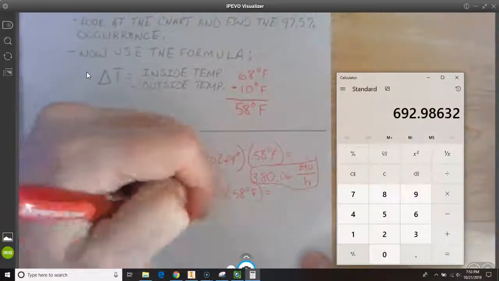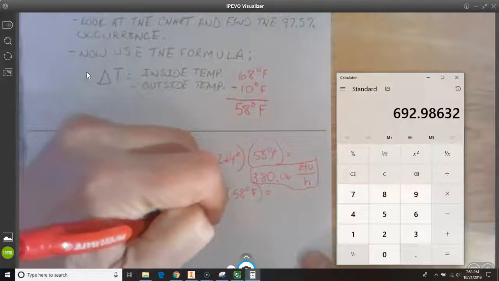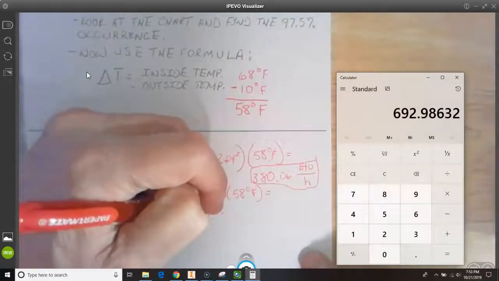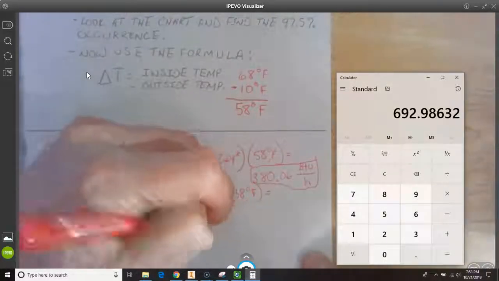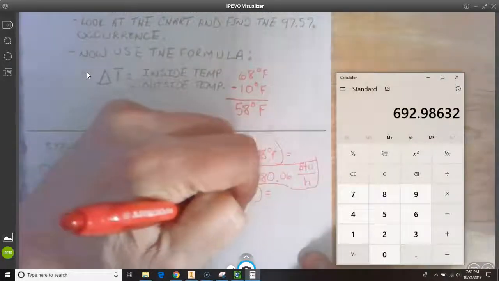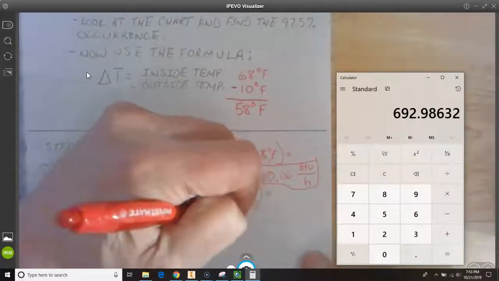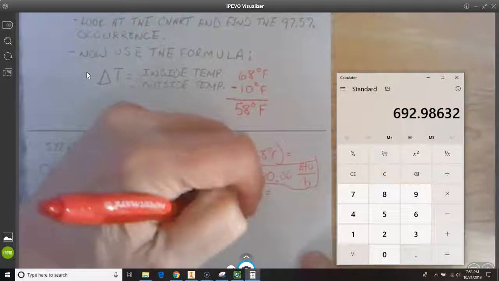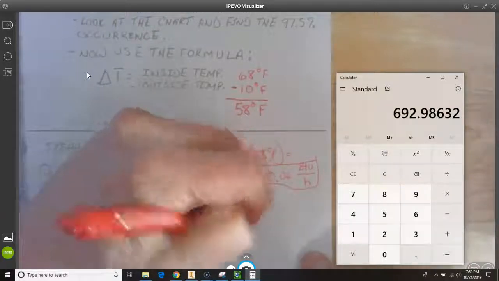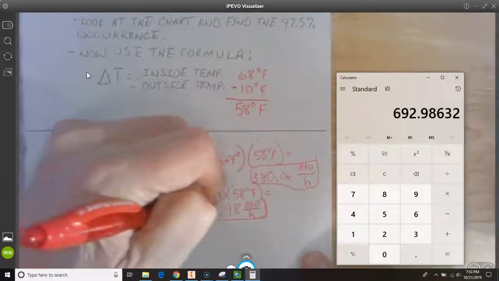So this one's going to be equal to 692.98, and that is BTUs divided by hour. Box that one.